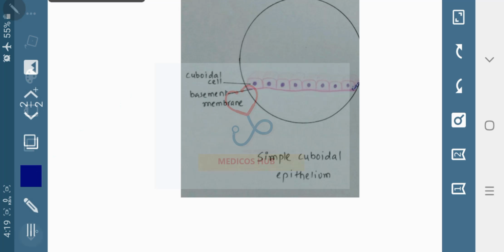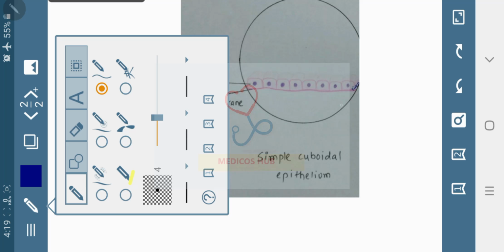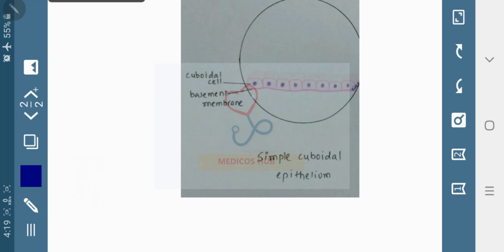See how the cuboidal cells are drawn and how the nucleus is placed in the center. This is how you can draw it in your record. If you want, you can make a note of it. This is the pictorial representation of the slide. Which slide? Simple cuboidal epithelium.